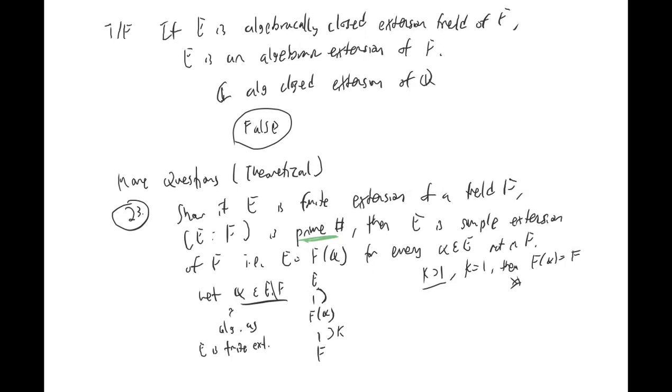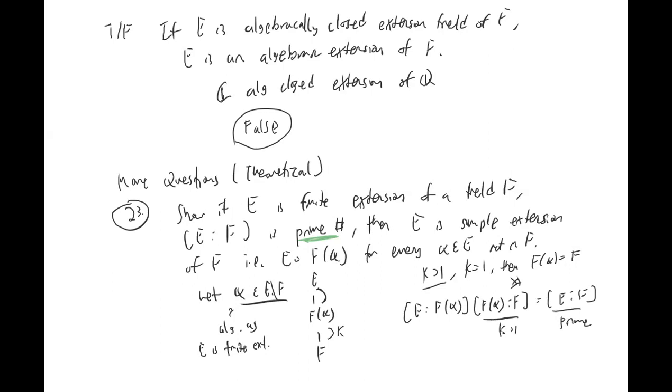Yes, it's the tower law. [F(alpha):F] times [E:F(alpha)] equals [E:F]. This is prime, and this factor is K and it's bigger than 1.